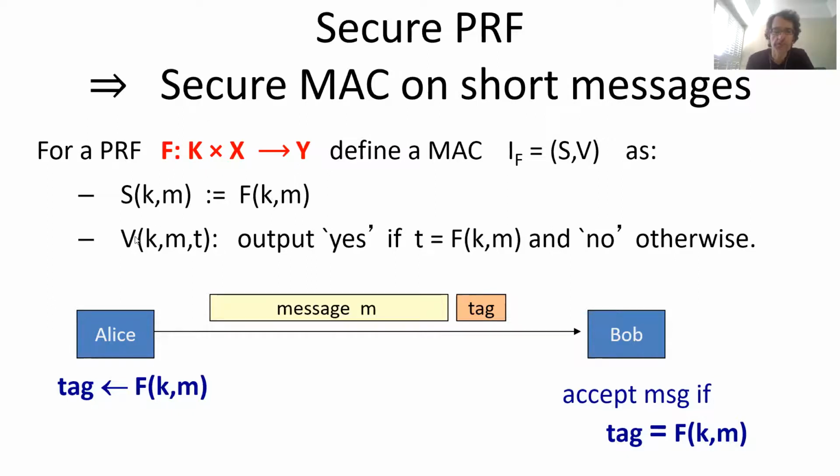To verify, the verifier has the same key, so he can recompute the PRF and just check against this tag. If there is a match, the verifier accepts. If there is no match, he rejects.